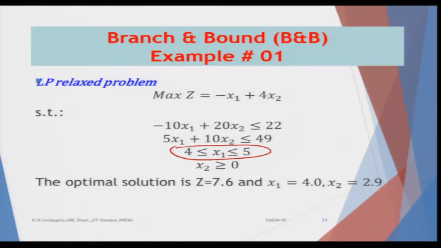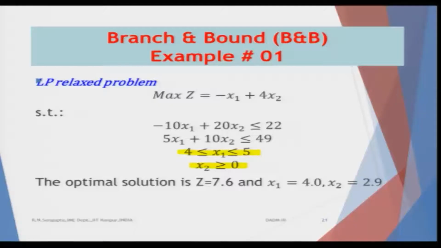Now, this is an integer programming, we will relax it, and that relaxed LP is written here in front of you. The maximization problem remains the same, the objective function does not change, constraint 1 does not change, constraint 2 does not change. What changes is the following. This is the continuous variable for x1 between 4 and 5, any values inclusive. This is the values of x2 starting from 0 to infinity.